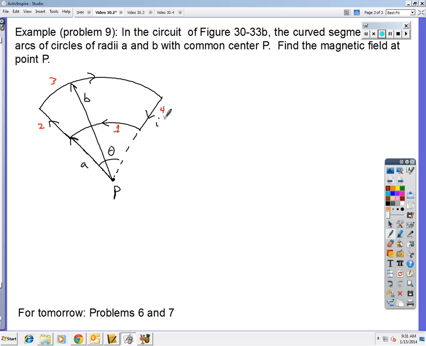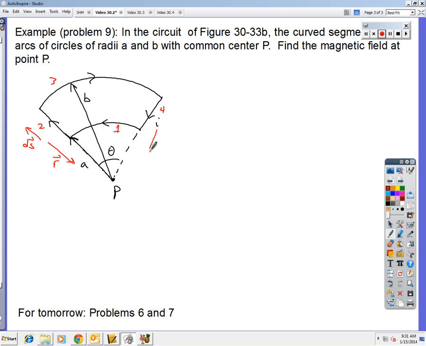Now the fields of 1 and 3, we'll get those using the equation we just derived earlier in this video. But first let's look at the fields of 2 and 4. Notice that for example 2, r points that way, and ds points in the opposite direction.